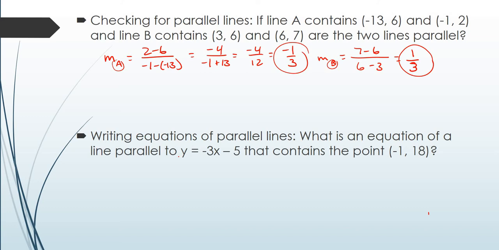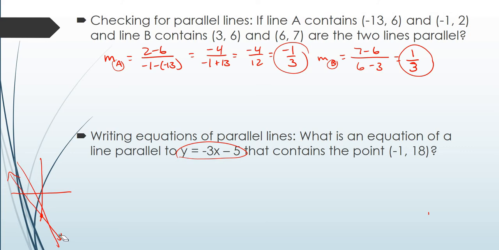The second thing we're going to do is write equations of parallel lines. So if I have a line with the equation y equals -3x minus 5, I want to write an equation of a line parallel to this line that contains the point -1, 18. So write all that down. So this line looks something like this, with a slope of -3, probably a little steeper.